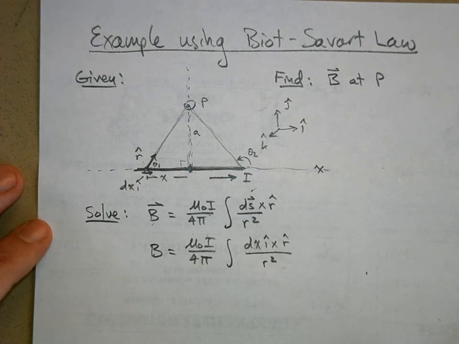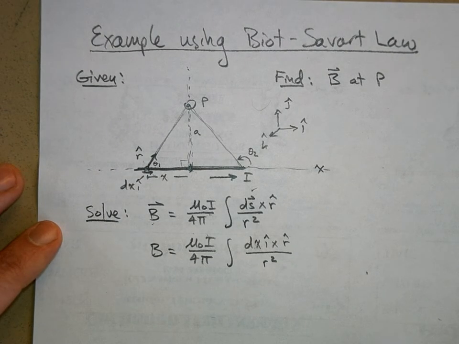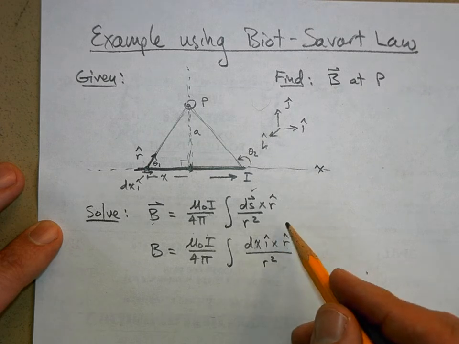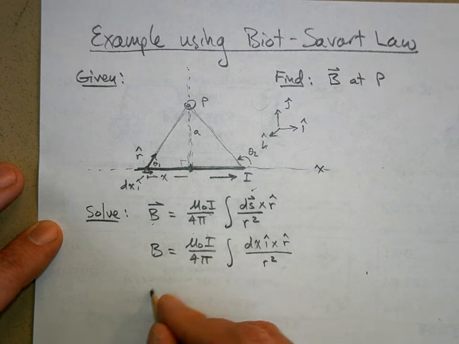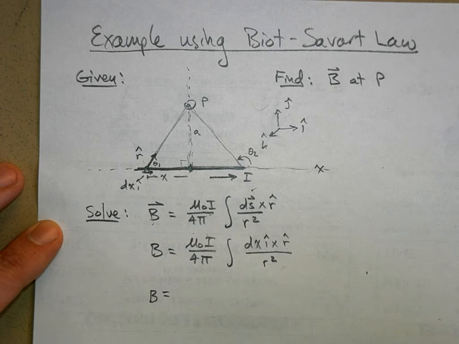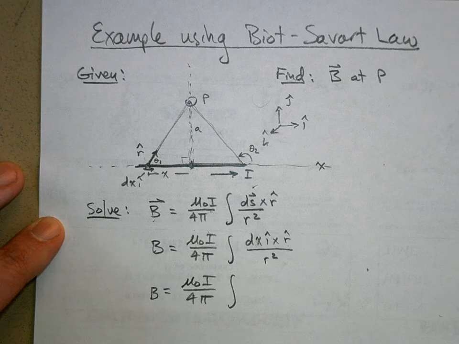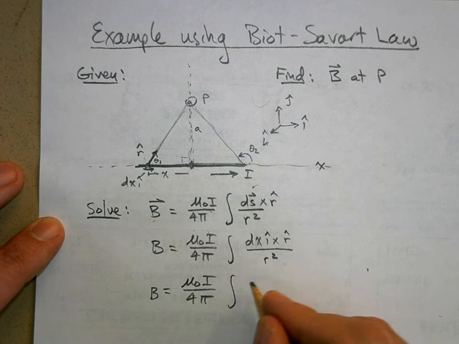Well, this cross product right here. Remember, B is equal to mu naught I over 4 pi times the integral of dx.